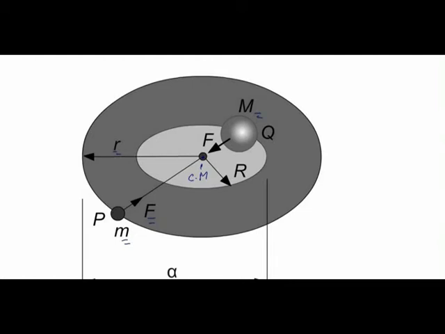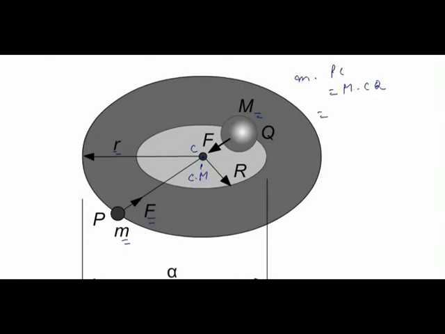So we can write the following equation. Suppose this point is C. Since C is the center of mass, it means that m into PC is equal to capital M into CQ.